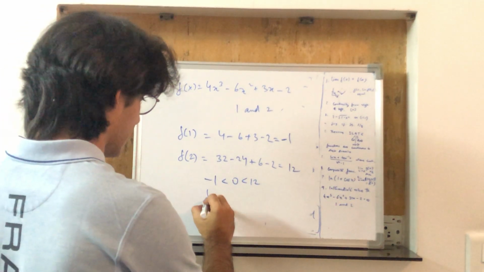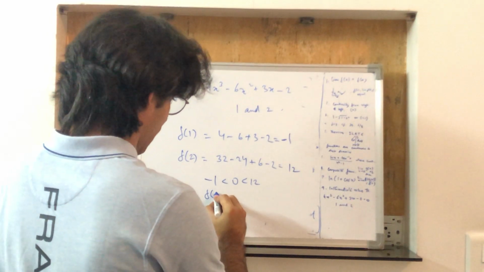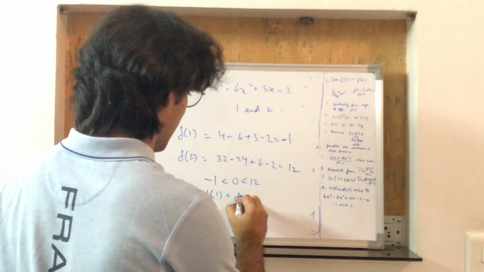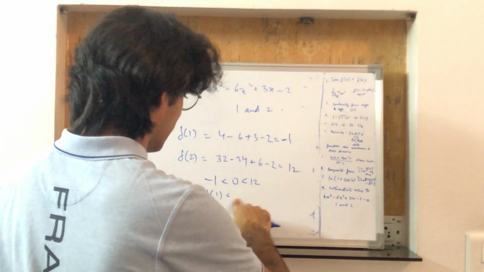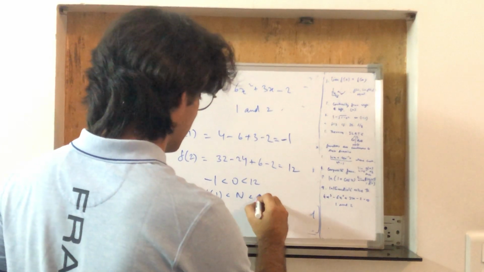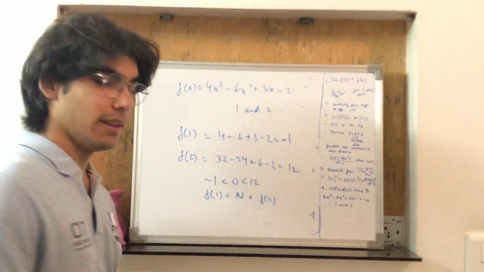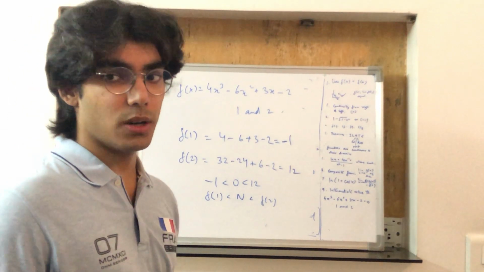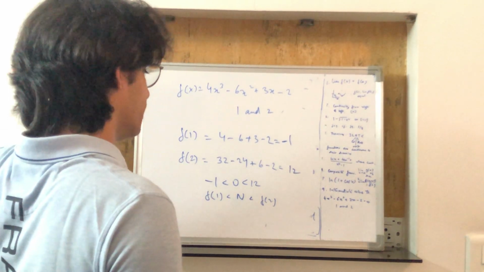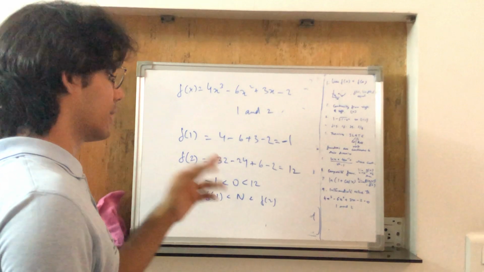Which is basically f of 1 is less than this value n, which is less than f of 2. I know this, and what I can say is that this value is 0.